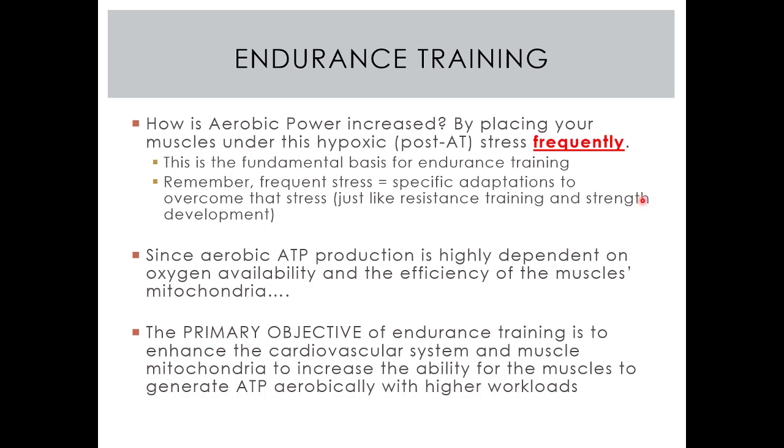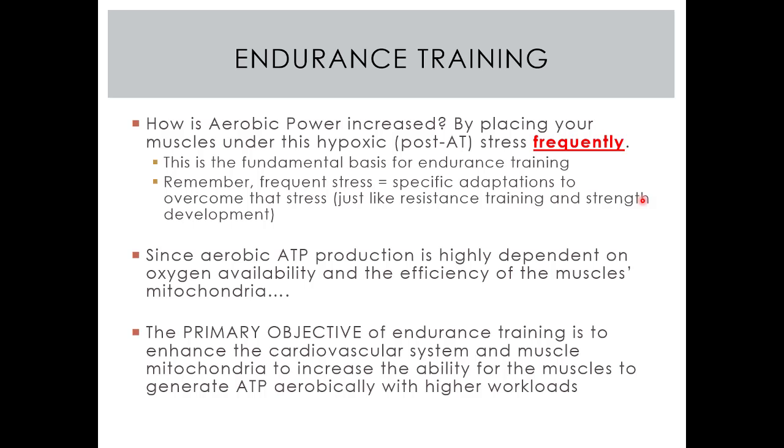So as I said, aerobic power and the factors that underpin it, which are anaerobic threshold and aerobic capacity, is dependent on the ability for the aerobic system to meet ATP demands at higher workloads. And as we know, aerobic ATP production is fully dependent on oxygen availability as well as the efficiency of the muscle's mitochondria to produce ATP aerobically, which goes hand in hand with oxygen availability.